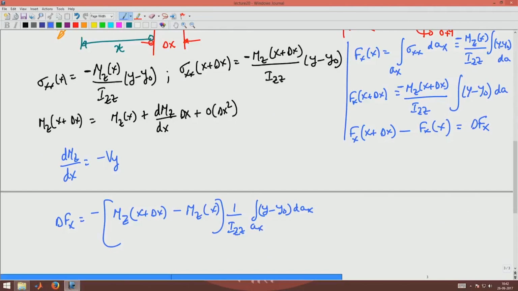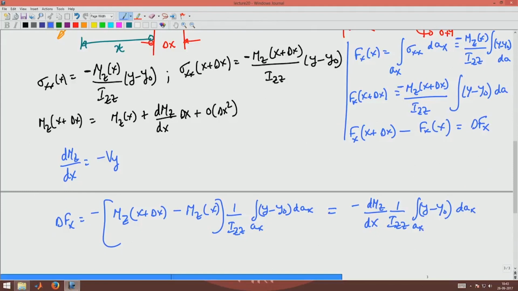From the expression for mz at x plus delta x given here, this can be written as minus dmz by dx times 1 by Izz integral y minus y naught dA x.